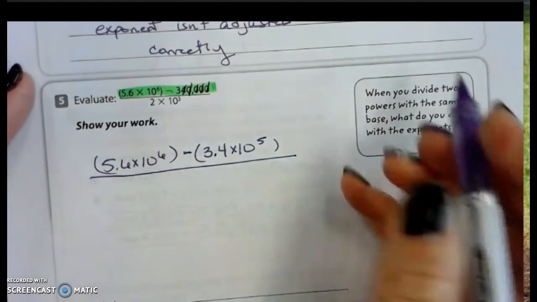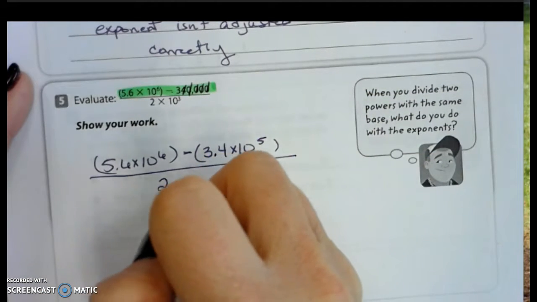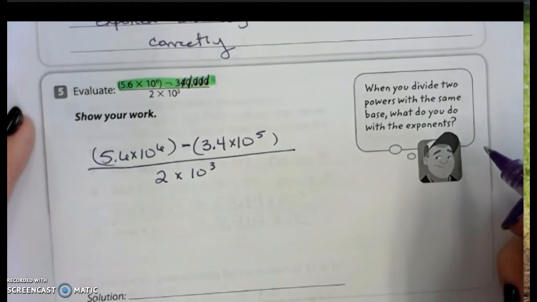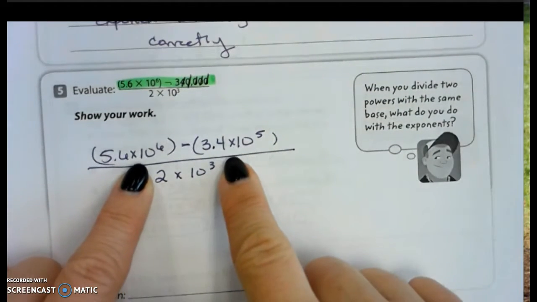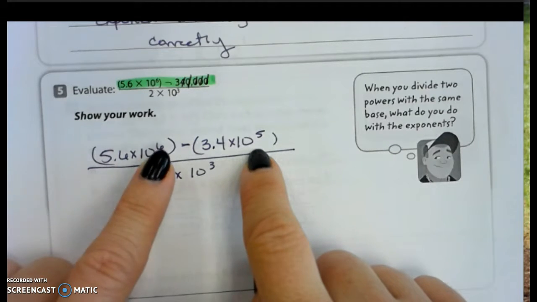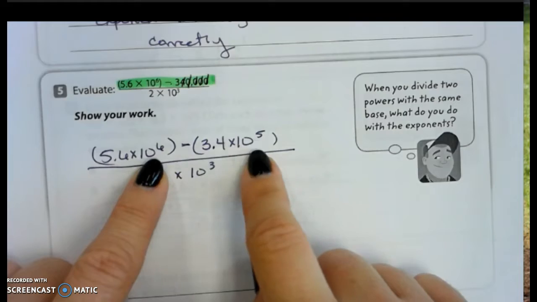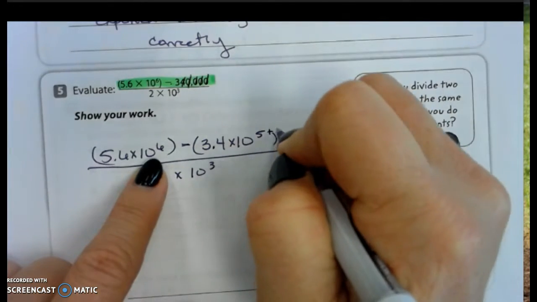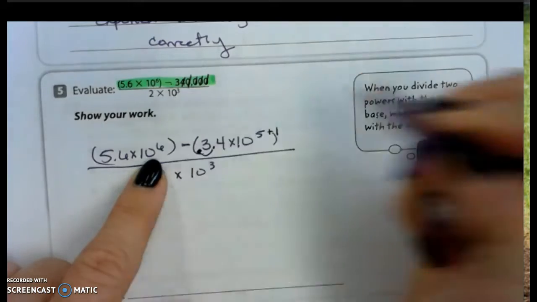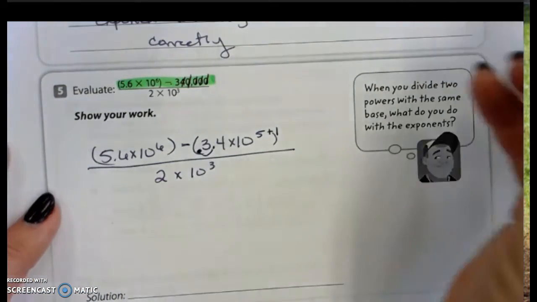When I get done subtracting, then I'm going to divide by 2 times 10 to the 3rd. Now, I can't subtract these until my base 10s are the same. I can adjust the 6 down or the 5 up. I'm going to go up 1, which means I go down 1 on my constant.